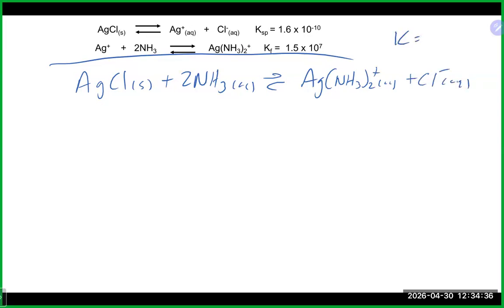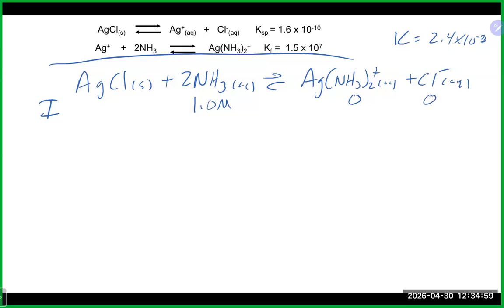Again, we got the K value there, 2.4 times 10 to the minus 3. In this particular case, the only thing that's really given to us in this problem is 1 molar of ammonia. That seems like a good place to start. We'll put 1 molar ammonia here. The rest are going to be zeros.